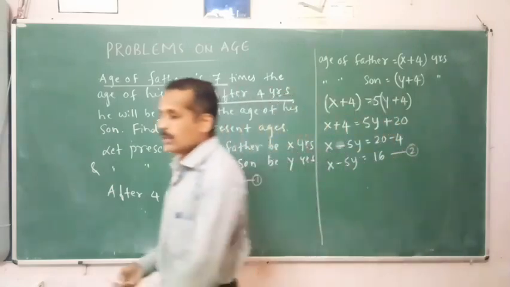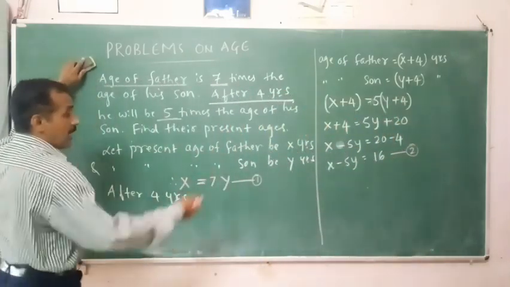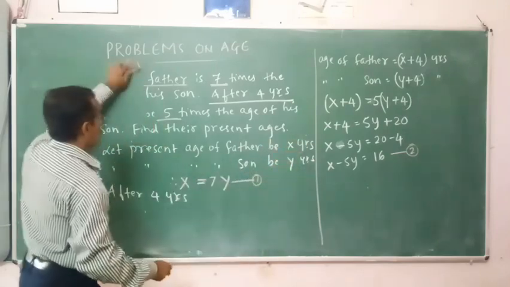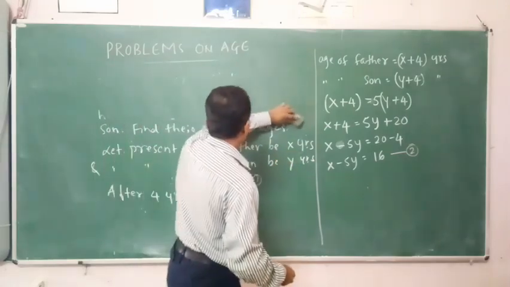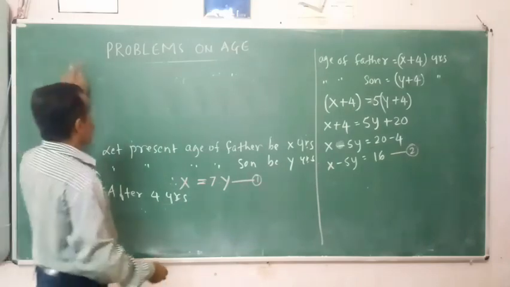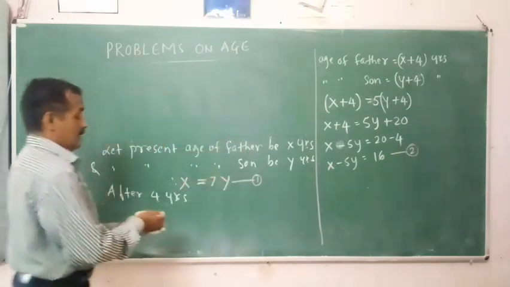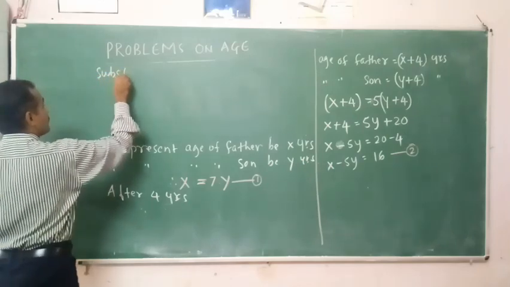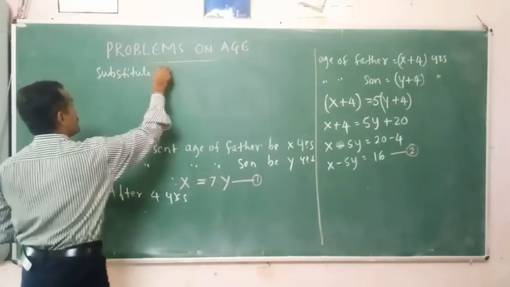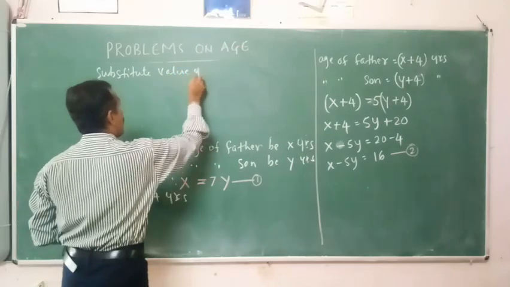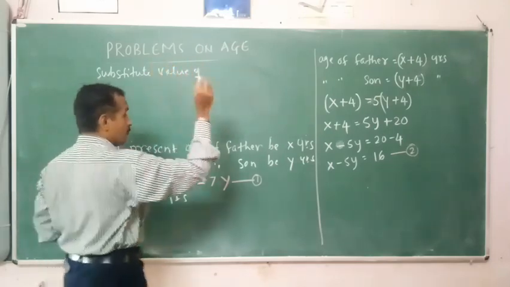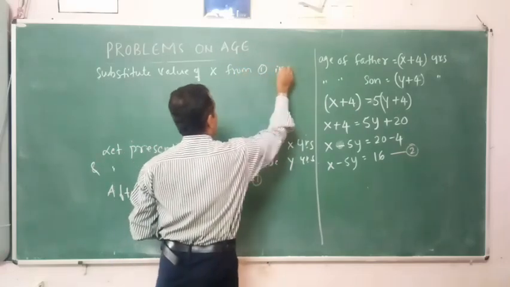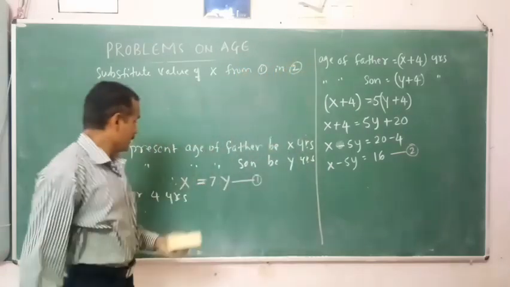Equation number 2. Now what will I do? I will substitute this value of x in that equation. Okay, substitute the value of x from 1 in equation number 2.